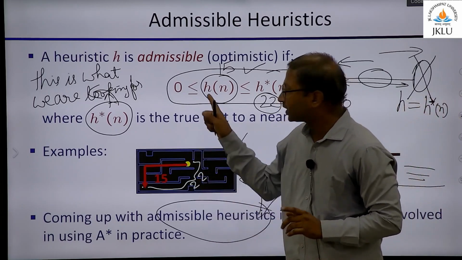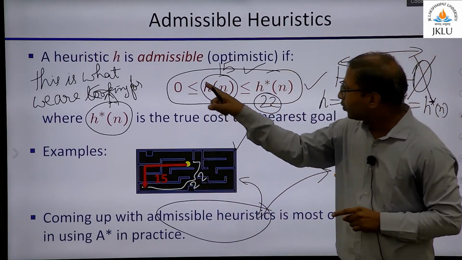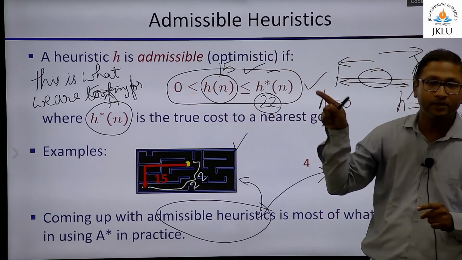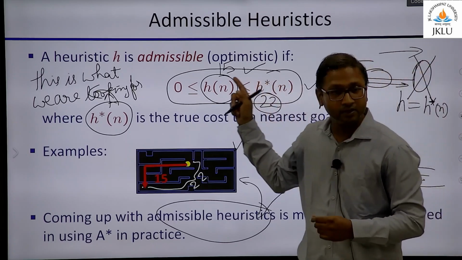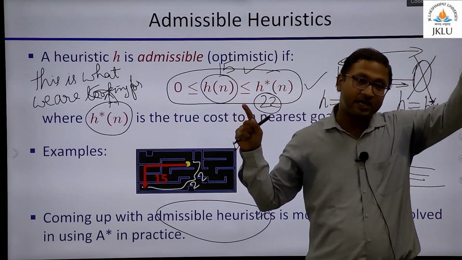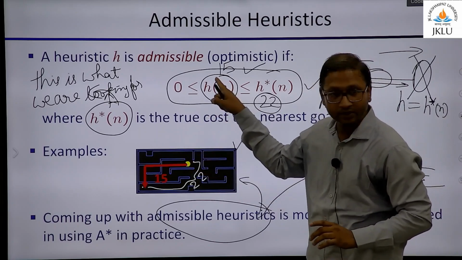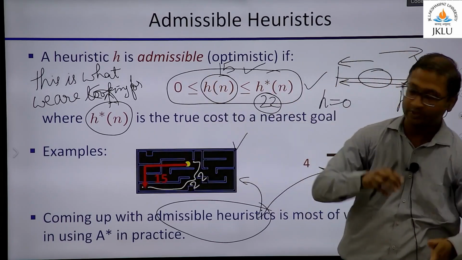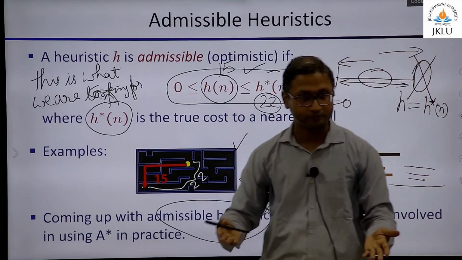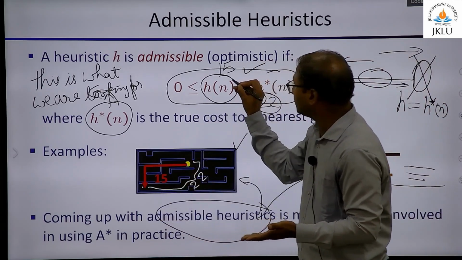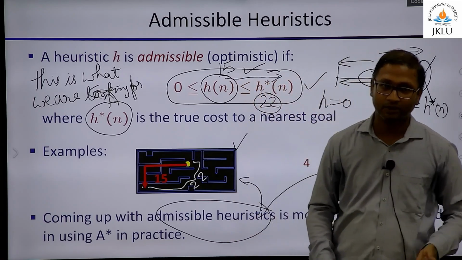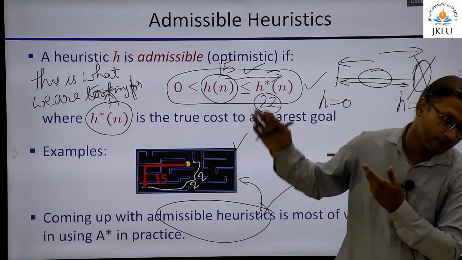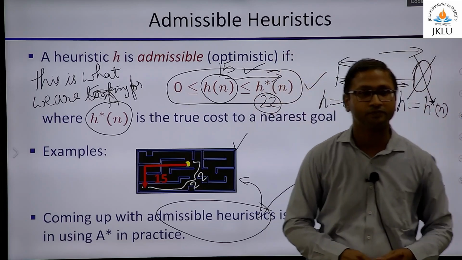What we care about is H is admissible only if it is between 0 and the optimal path. Any number, in that case your A star will be optimal. So this can be 15, this can be 10, this can be 2, this can be 0, this can be even 22. The problem, more you move this side, you have no idea what is H star. If you knew what is H star, you wouldn't be doing all this.